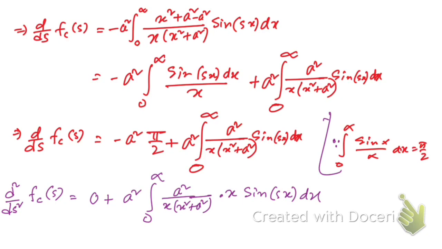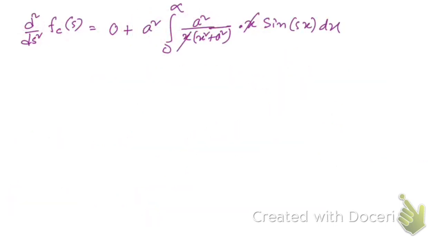So now you see this x cancels, so that's why what we're going to have, let me copy this one and go to a new slide. So this is what we have: a square, integral 0 to infinity, a square by x square plus a square.